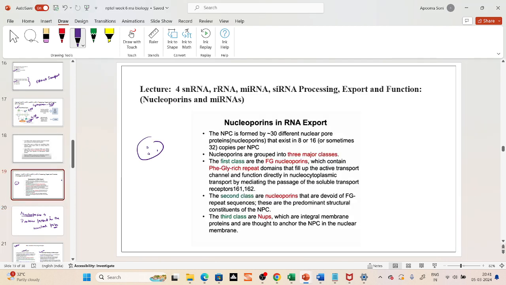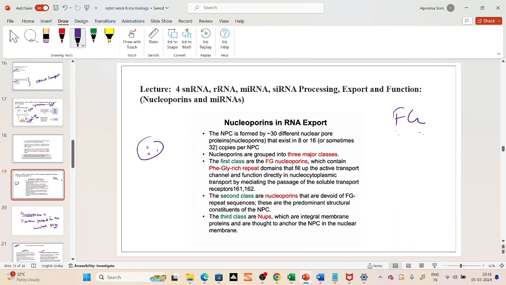And these nucleoporins are of three classes. First is FG nucleoporins, second one are known as nucleoporins only, and the third is NUPs. FG nucleoporins are the proteins which have phenylalanine glycine rich domain. Nucleoporins do not have phenylalanine glycine rich domain, and NUPs are the third class.